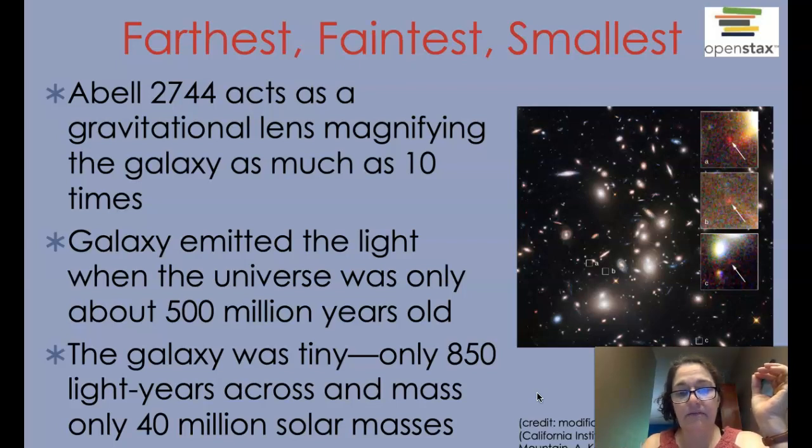The galaxy is very tiny, only about 850 light years across. But what I'm demonstrating here is that stars were forming and galaxies were forming extremely early in the formation of our universe.